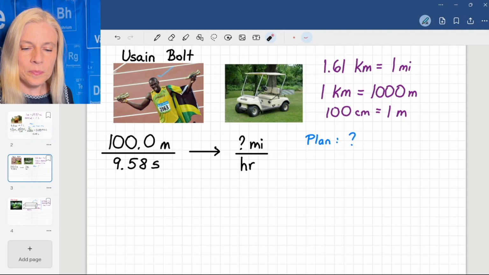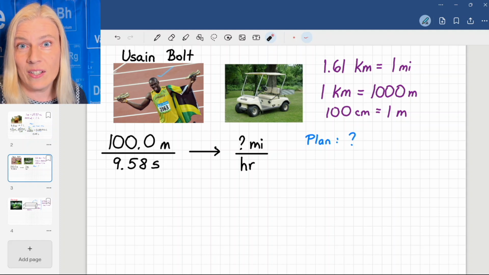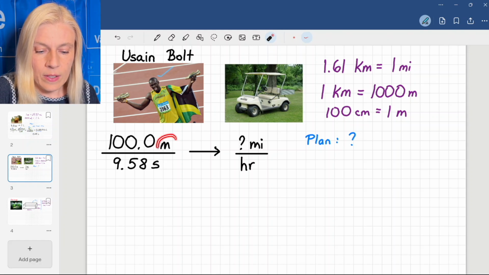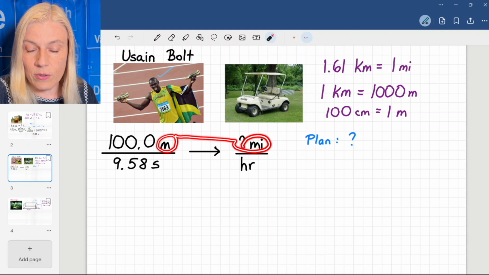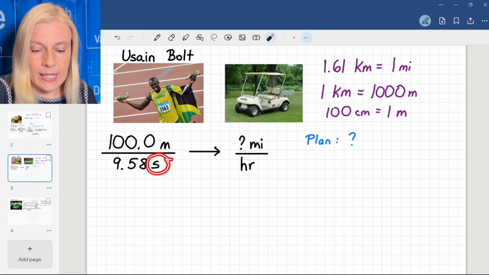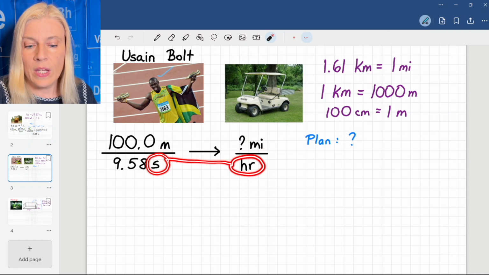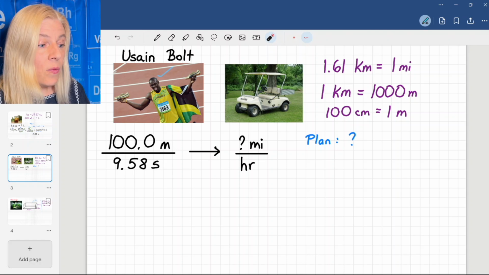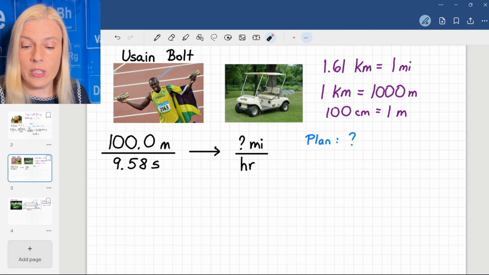Let's do it. Well, this problem is a little bit harder because we have to change 2 units. We have to change a unit of length from meters to miles, and we have to change a unit of time from seconds to hours. Which one do you want to do first? Pick one and do it one at a time. I'm going to change length first and then time.